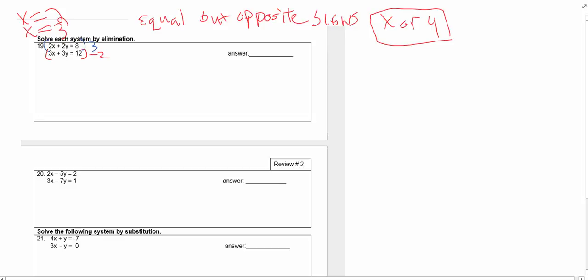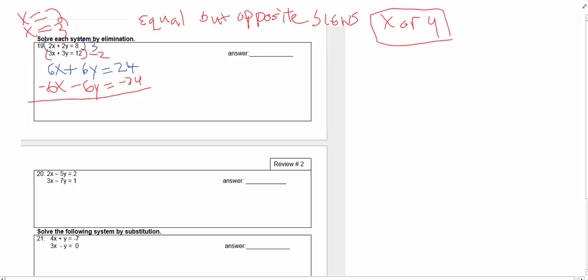So in blue we'll do the first one. So we're going to distribute 3 to each and every term in there. So we have 3 times 2x, we have 6x plus 6y is equal to 24. And then in red we're going to do a negative 2. So we have negative 6x, negative 6y equals a negative 24.